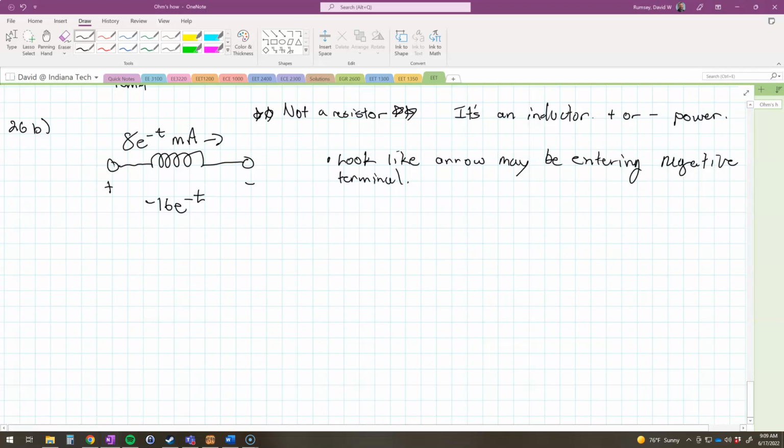And so again, if you put another circuit element in here and we trace the current paths completely around, we can see that the arrow enters the positive terminal. So the current means we'll get that +1 in my power computation.